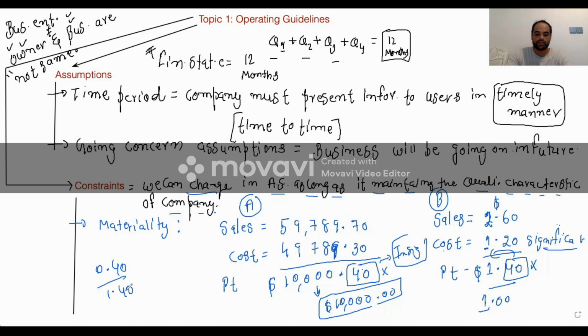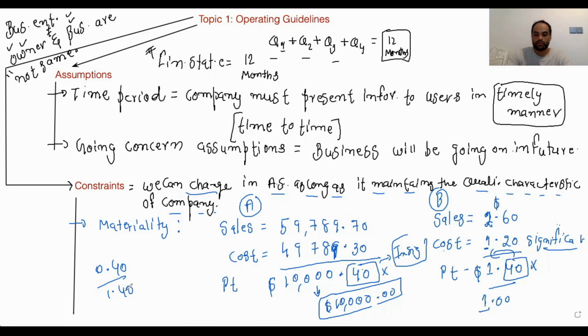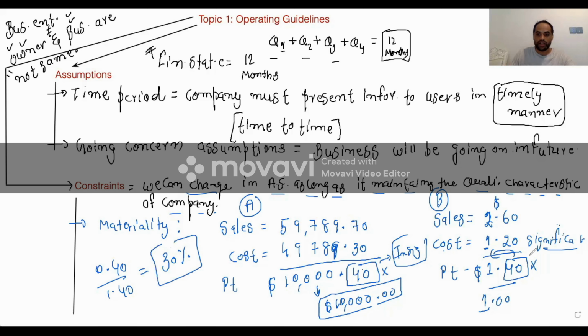So how many percent is it? 0.40 divided by 1.40, so it's going to be about 30%. Here 30% of profit will be reduced. You can calculate the number here.